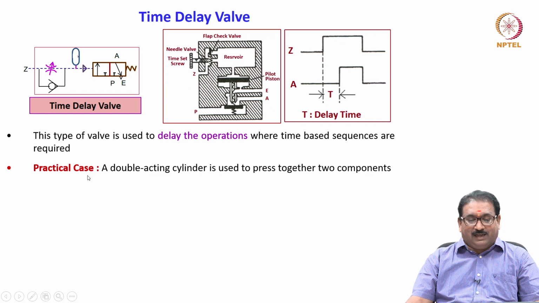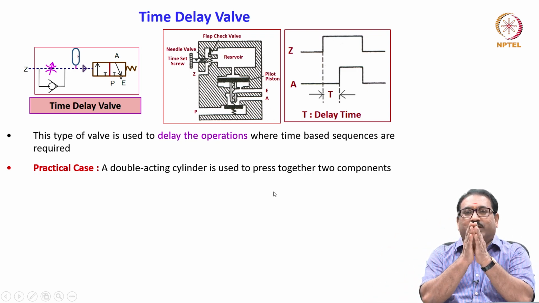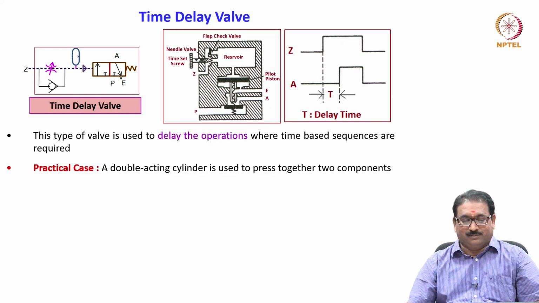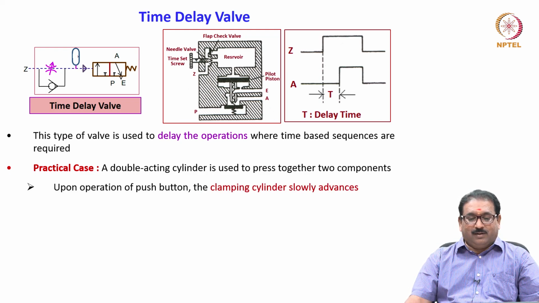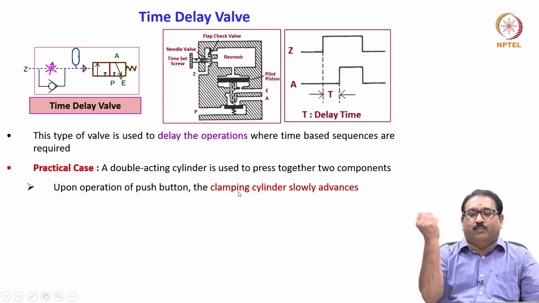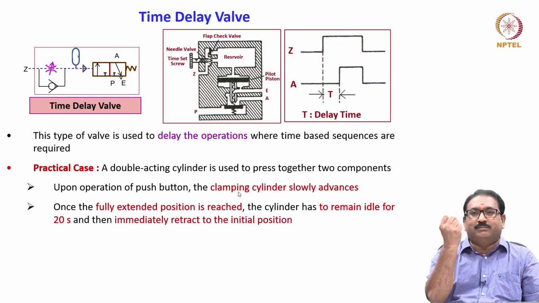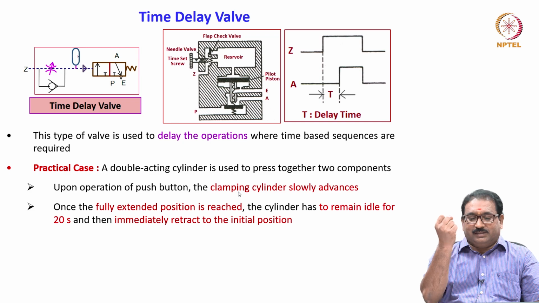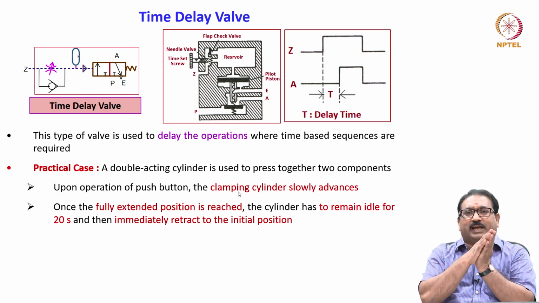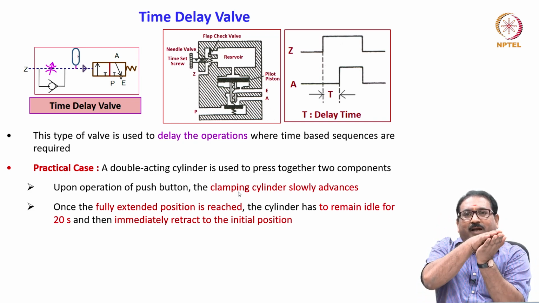One practical case I will tell you. Assume a double acting cylinder is used to press two components together. Upon operation of the push button, the clamping cylinder slowly moves. Once extended completely, the cylinder remains 20 seconds to press the parts together.